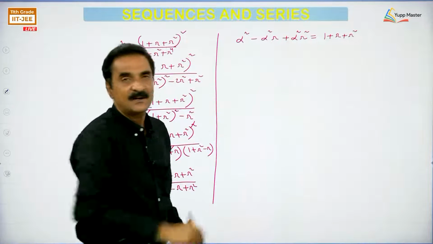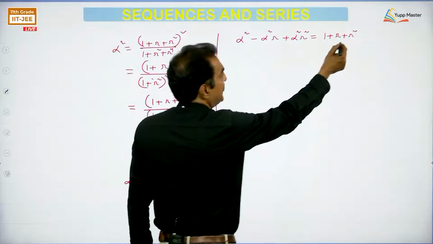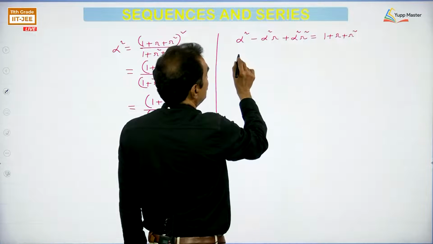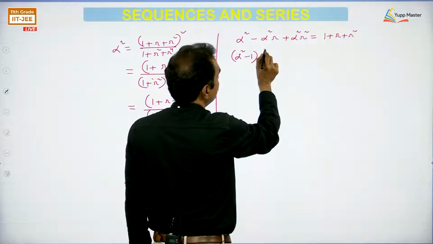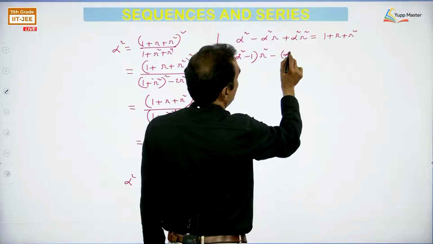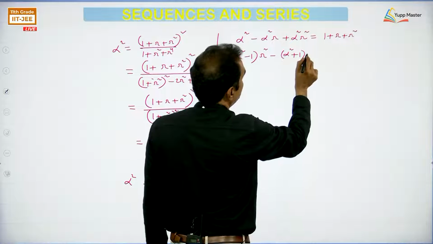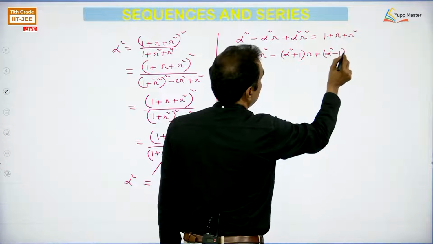Now you can write this as a quadratic equation in r. Taking everything into LHS, you will get alpha square minus 1 into r square, next taking this one this side, minus of alpha square plus 1 into r plus alpha square minus 1 is equal to 0.